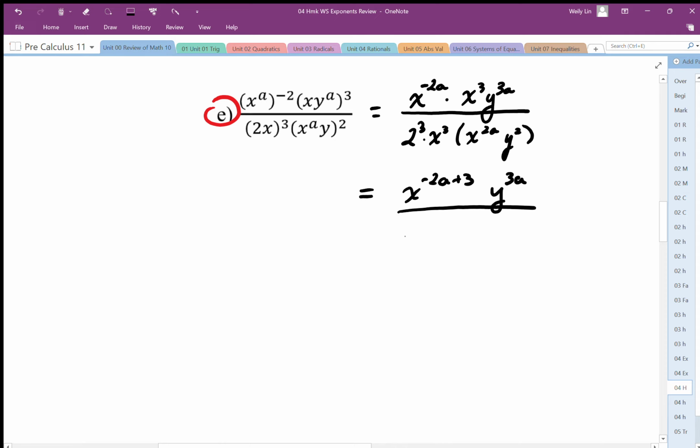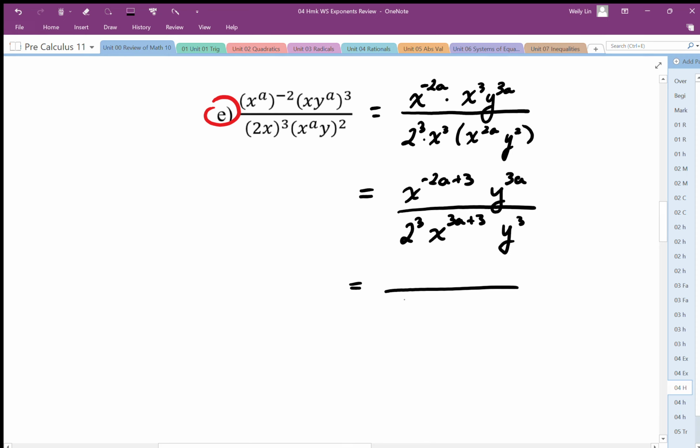In the denominator, it's 2 to the power 3. X, there's 3 here and 2a here. I'm adding those up. I'm counting them up. I can't count a's and 1's together, so it becomes 3a plus 3 and y to the power 3.